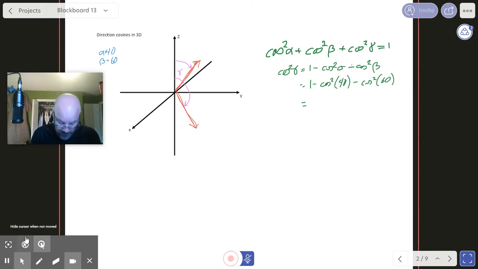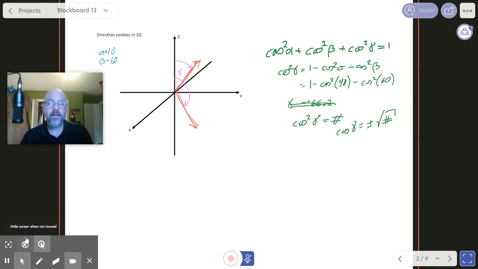All right. So what we get is that gamma turns out to be 66.2. Now, when you do that, you end up with the square root situation. So really, when we take our square root, we're going to have cosine squared gamma is some number, which I don't remember what it was, but cosine of gamma is going to be plus or minus the square root of whatever that number happens to be.